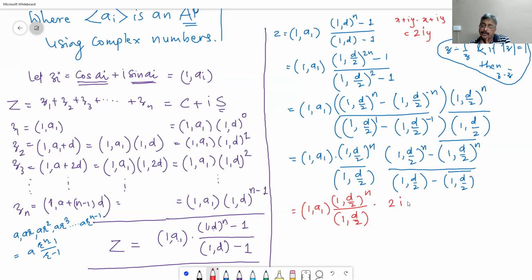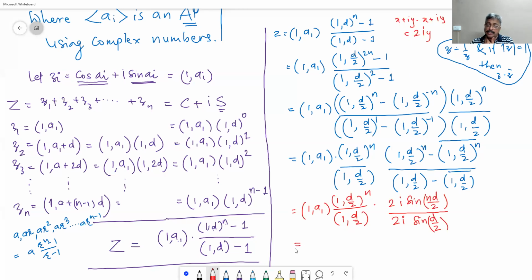Sin nd by 2. Do you realize the imaginary part of this complex number is sin nd by 2? And what is the denominator? 2i sin d by 2. That is this part.